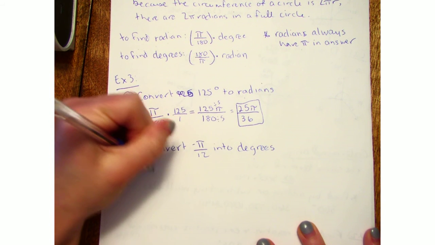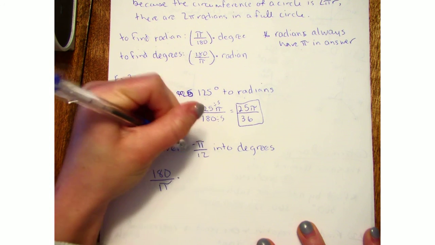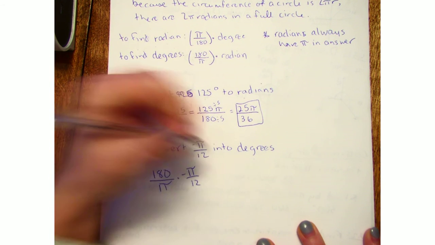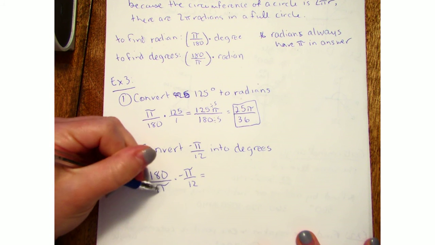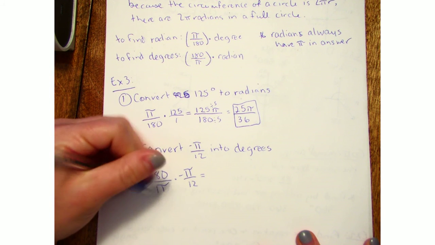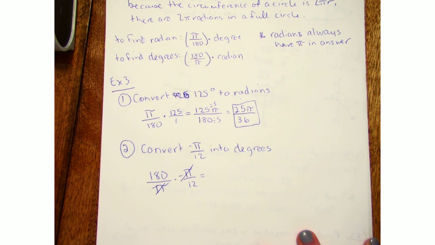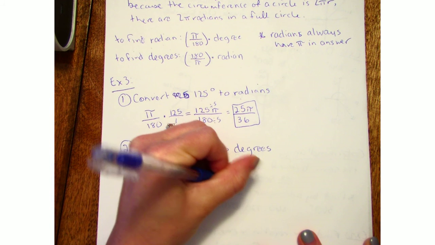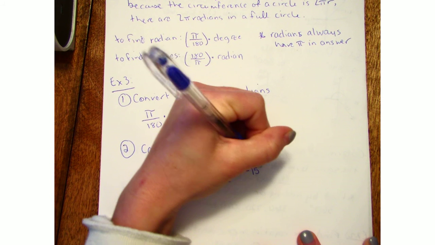We're going to take 180 over pi times negative pi over 12. You will notice that every single time you do this, these pi's are going to be on opposite sides, so you can cross them out. Don't forget about this negative though. So this turns into negative 180 over 12, which reduces nicely to negative 15 degrees.